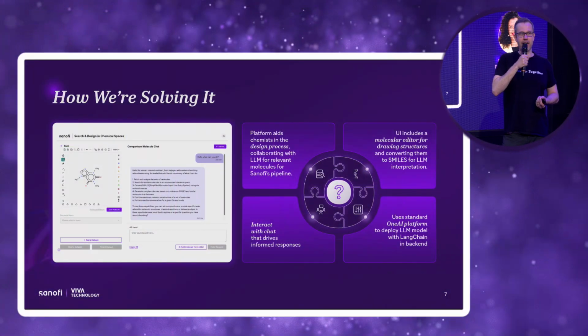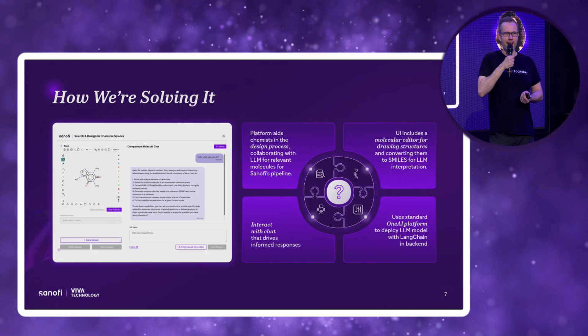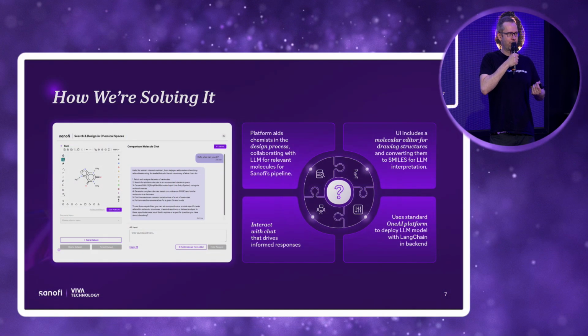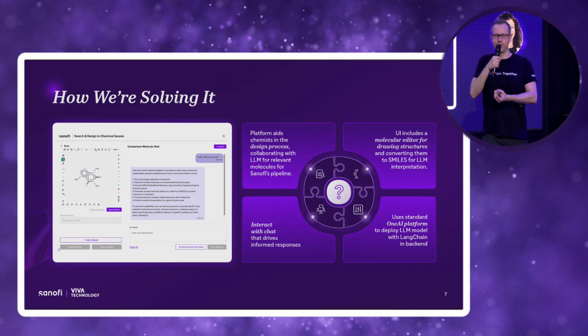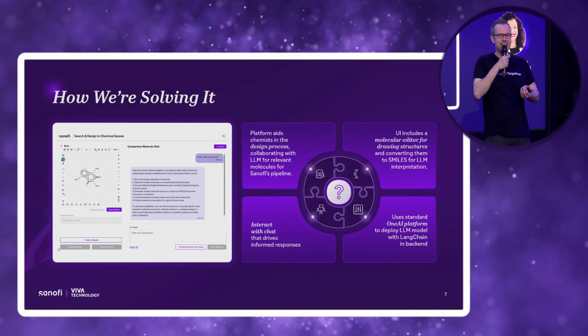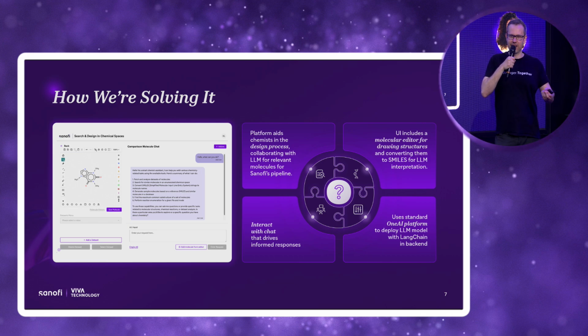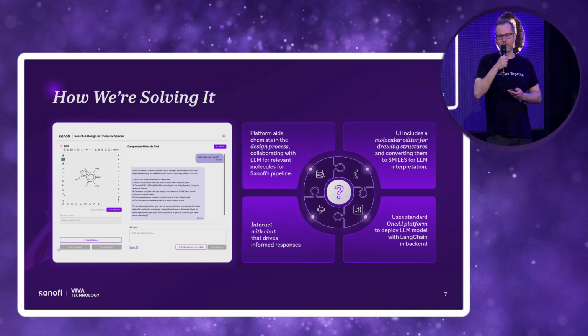Great question. And this is actually a good way to show how we are solving it, and that's the main difference. At Sanofi, we created an experience for the chemist where the chemist can use the same user experience that you have in ChatGPT, but for designing compounds. How would you design compounds then? Of course, you need to change the interface a bit.